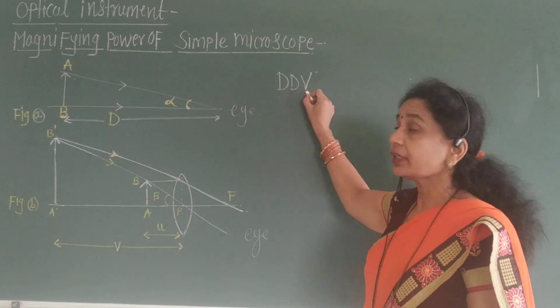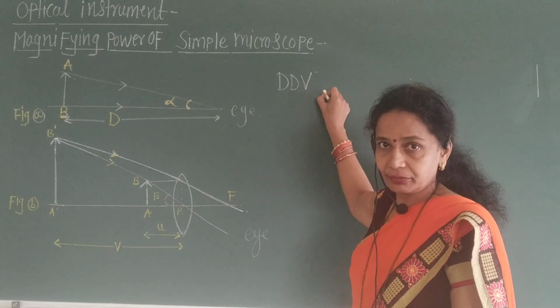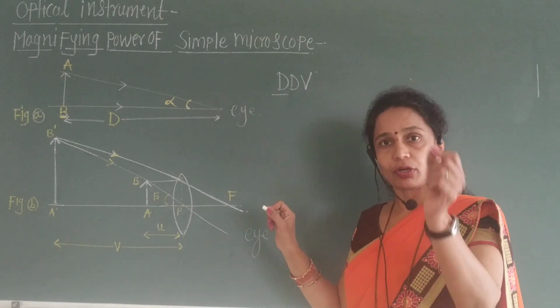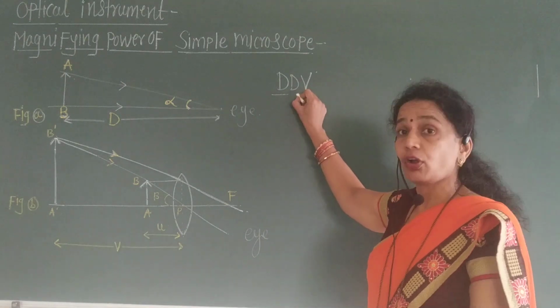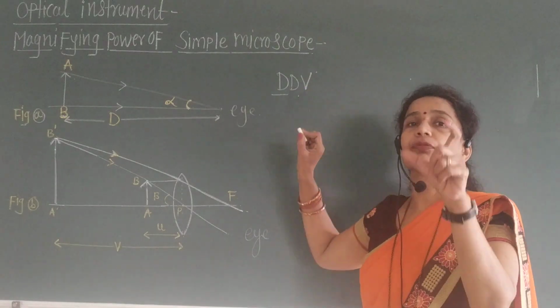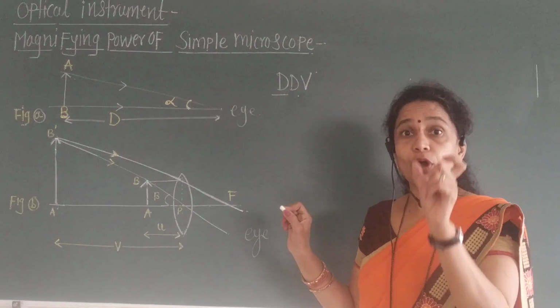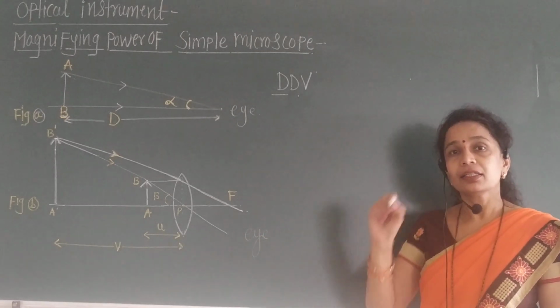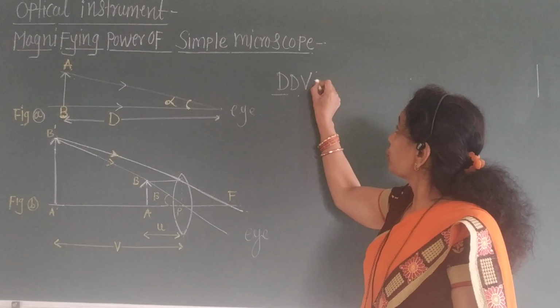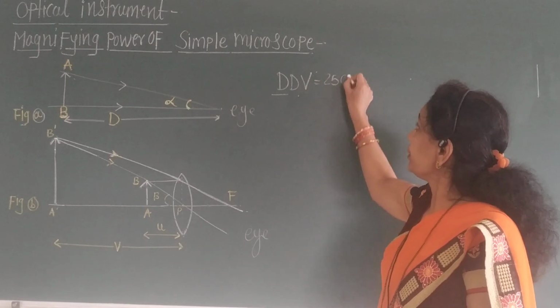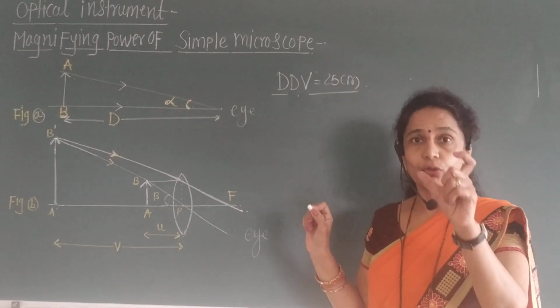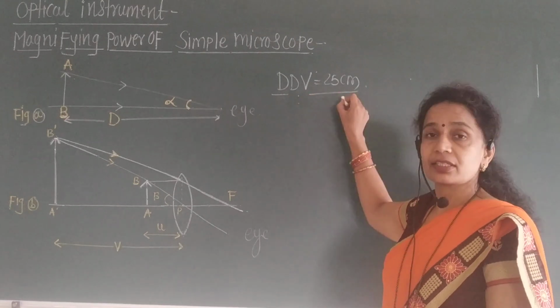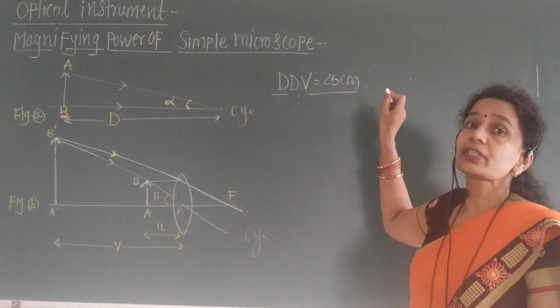Distance of distinct vision. The first D is for distance, the second D for distinct and V for vision. For a normal human eye, this distance is 25 centimeter.